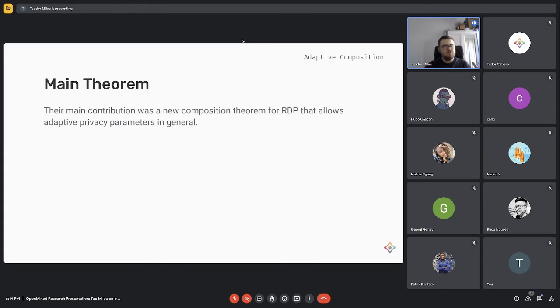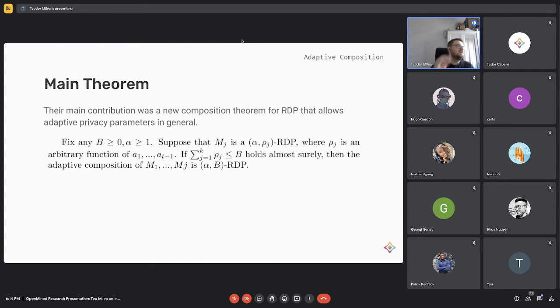Okay, and now the main contribution of the paper was this new composition theorem for RDP that follows these adaptive parameters. So how does that look? If we fix a budget b and an alpha, then each M_j is (alpha, rho_j)-RDP, where rho_j is an arbitrary function, and the sum of rho_j is smaller than b.